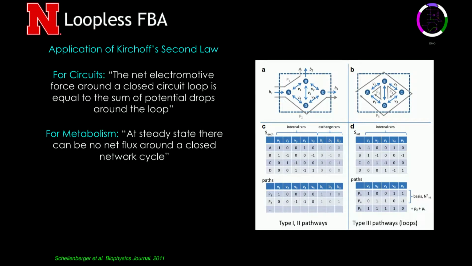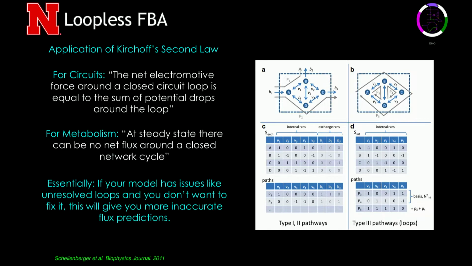So I kind of briefly talked about it. Like gap find, gap fill, there is also a tool called loopless FBA. Again, the principle is the same as we have discussed. Kirchhoff's second law in the circuit. We know that at a steady state, through a cycle, there will not be any current flow.